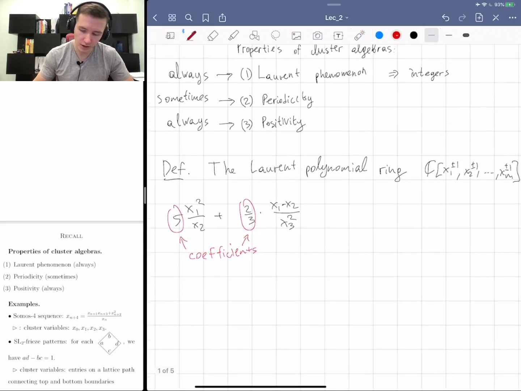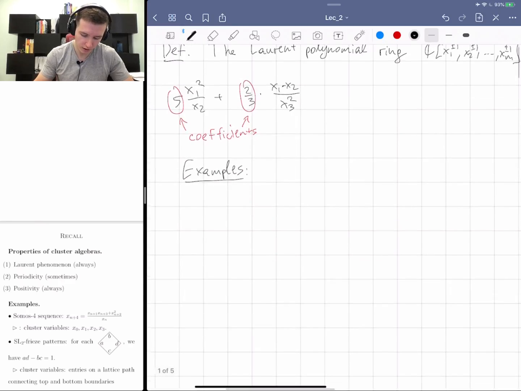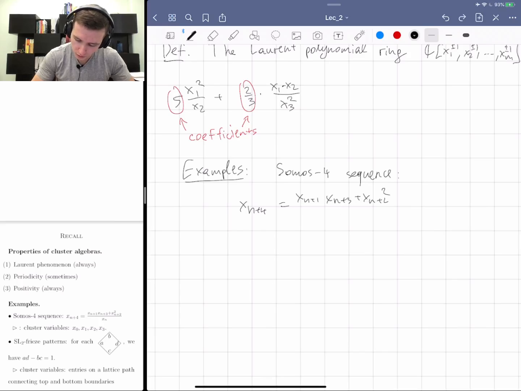And let me also remind you what the examples were. So far there were only 2 examples. The first one is the Somos-4 sequence, which is defined by a recurrence relation like this: x_{n+1} x_{n+3} plus x_{n+2} squared, over x_n.